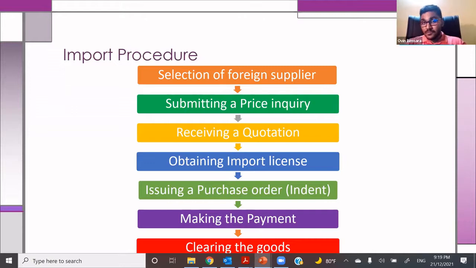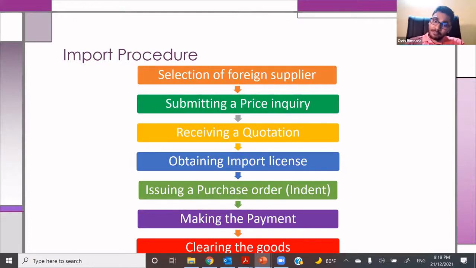Sometimes for some goods, when it comes to imports, you need to acquire a license. In the Sri Lankan context, the Export and Import Control Department is the legal entity that gives you the import license. So you need to obtain that. And then you need to send the indent. Indent is the purchase order, confirming that you are willing to pay the amount that is mentioned in the quotation.